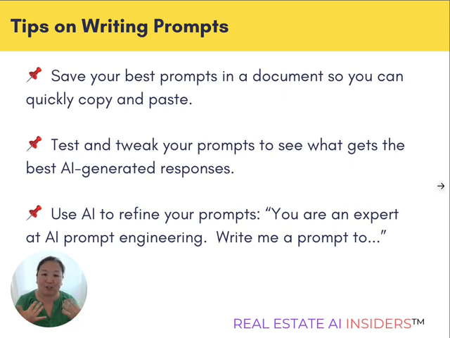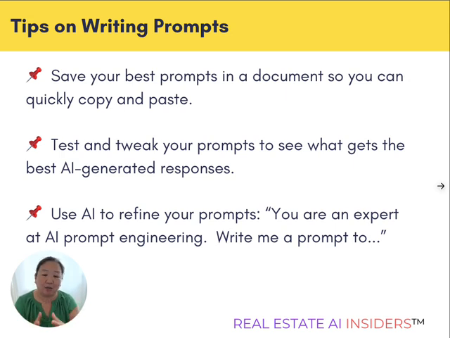As you're doing this the first time, it is going to take practice, and you do want to test and tweak your prompts to see what gets the best AI generated response, right? Your first version may not be perfect, but what's great about ChatGPT is you can just keep asking it questions, keep prompting it to see if you get a better result. The beauty of this is you really only need to do it once.